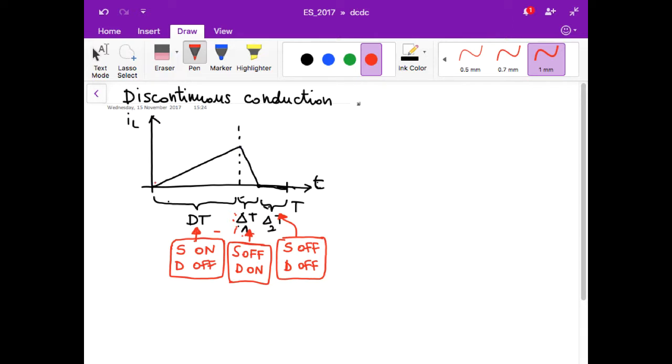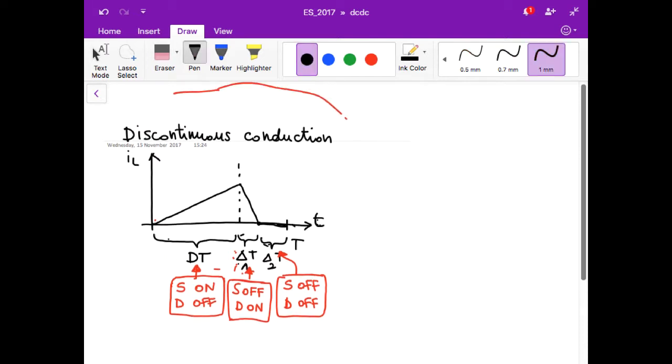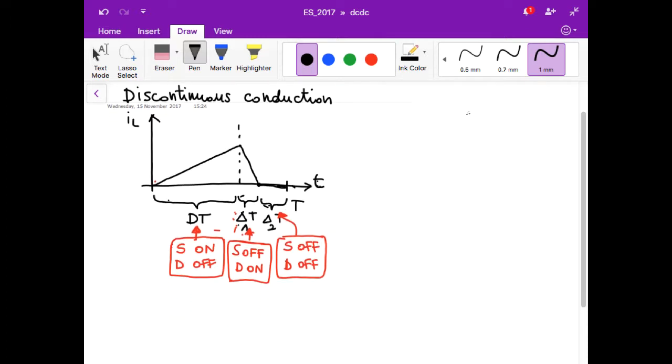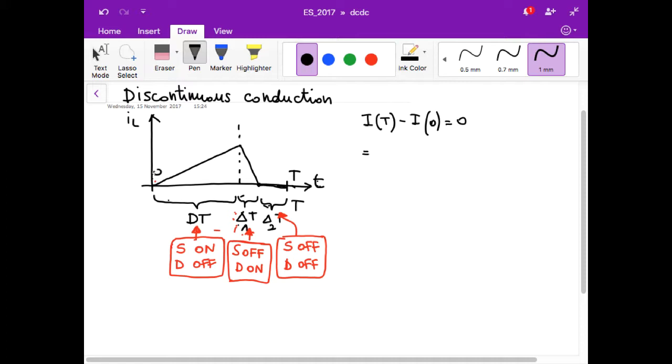The delta of the current in the period is 0. So let me write it in this way: I_L at time T minus I_L at time 0 must be equal to 0. This is time T and this is time 0.